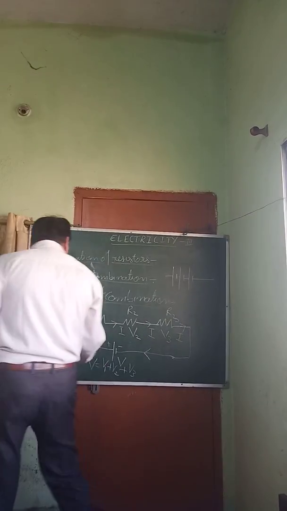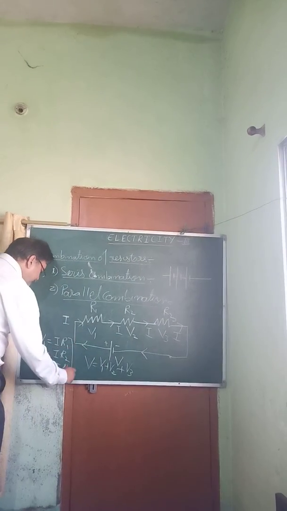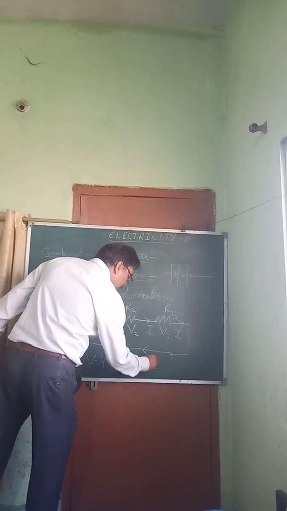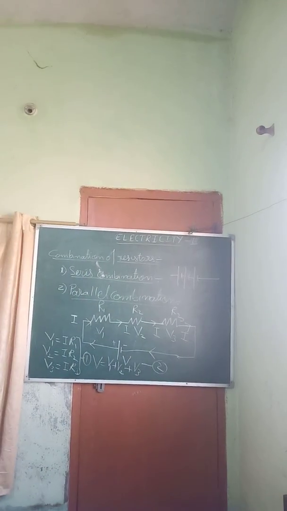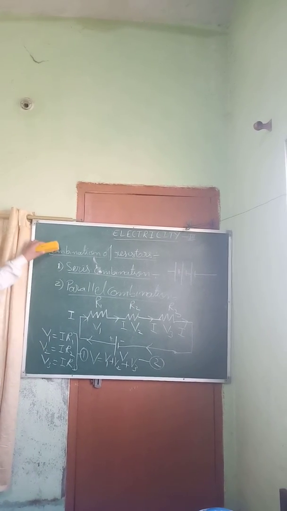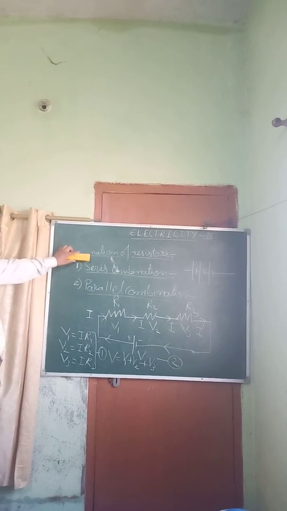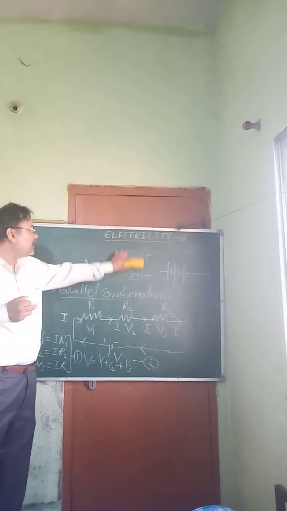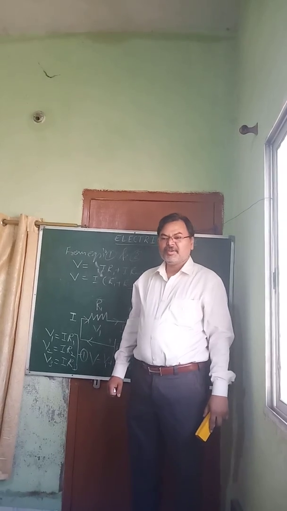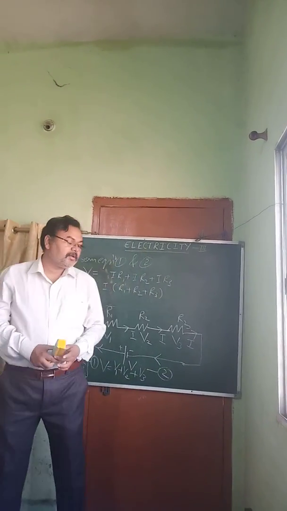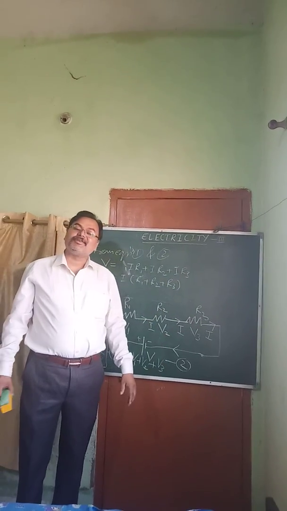We can write it as equation number 1, and this we can write as equation number 2. Okay, now we want to derive an expression to find the effective resistance, for the case of series combination.